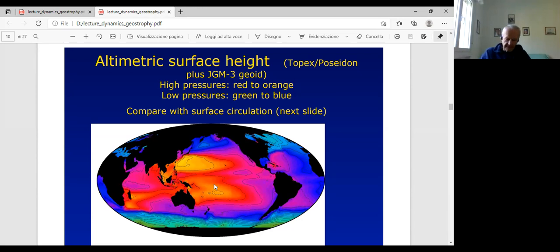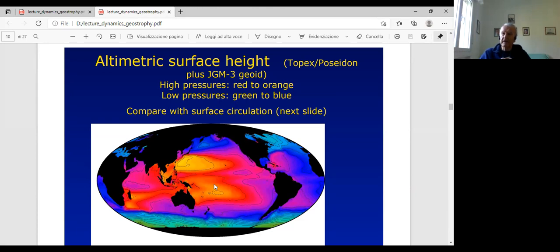The pressure in the ocean is nothing else than the weight of the water column above a certain depth. So the higher the sea level, the higher the pressure in the ocean.